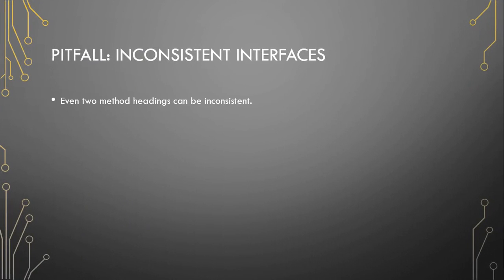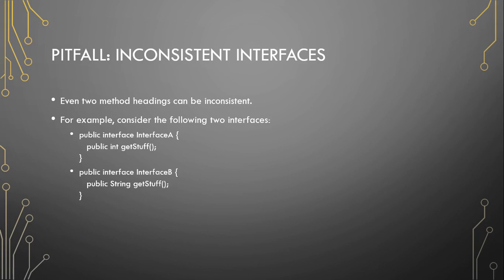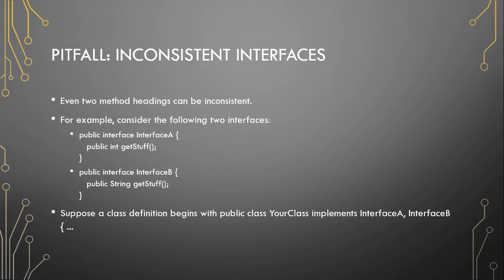Even two method headings, as we looked at with this concept, can be inconsistent. For example, look at these two interfaces, public interface A and public interface B. One has a public int getStuff, and the other has a String getStuff. Here, the method headings have the same name, but the return types are different.